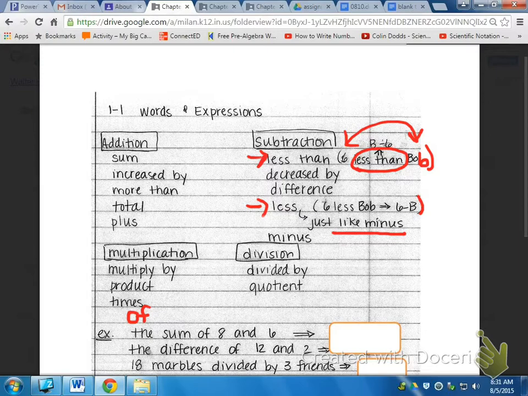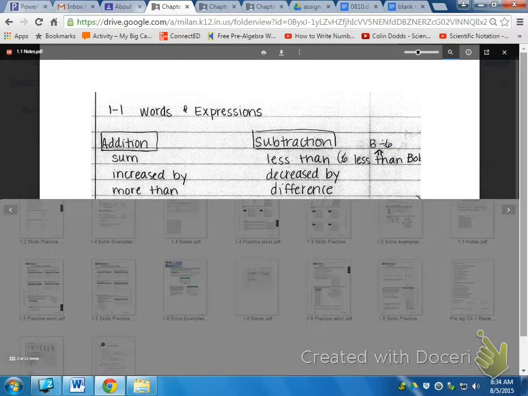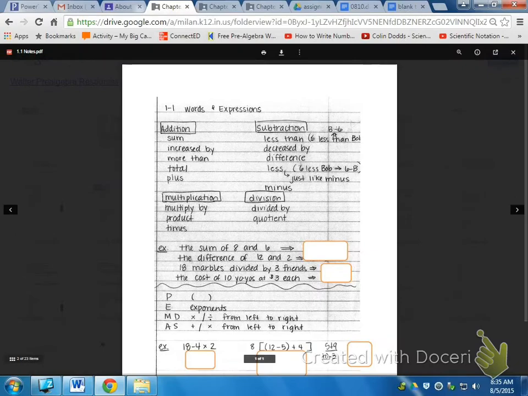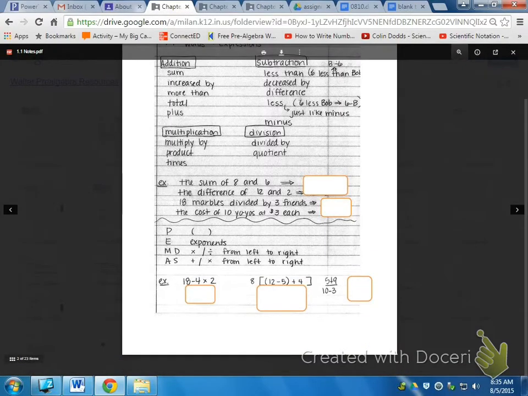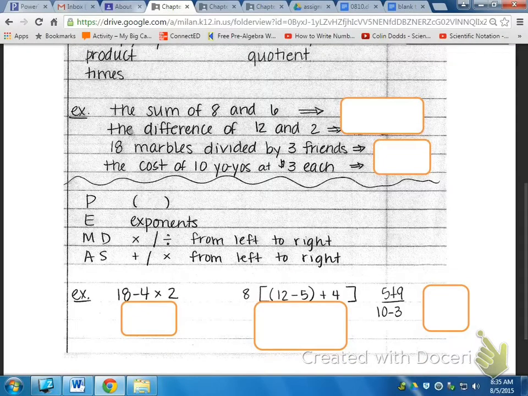Okay, let's try some examples. We'll see if some of you want to help me here on that. Oops, okay, that's not good. Let's go right back here. All right. The sum of 8 and 6.